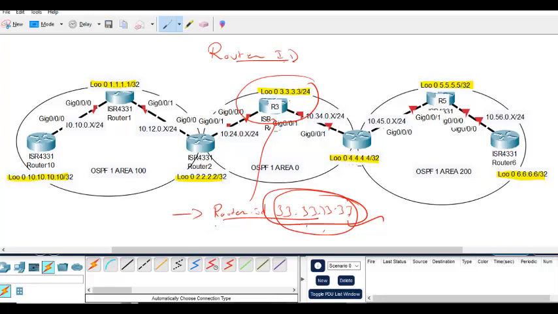Now, when you don't give it manually, then the router will prefer to use the loopback interface as the router ID. Only when you don't give it manually, it will automatically pick the loopback interface as the router ID.